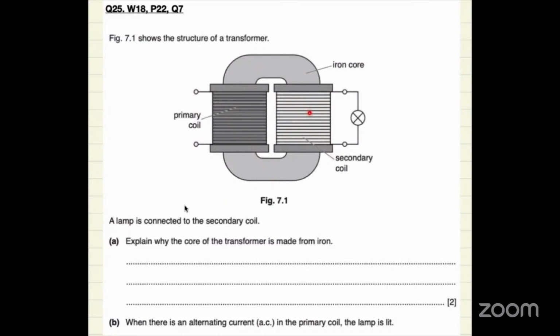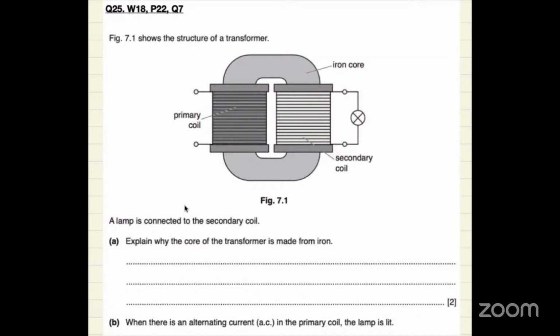If the examiner asks why there is an alternating current, you would say that because the field is alternating, the voltage is also alternating. And if the examiner asks for current, you would say that because this voltage is across a closed loop, there would also be a current flowing.